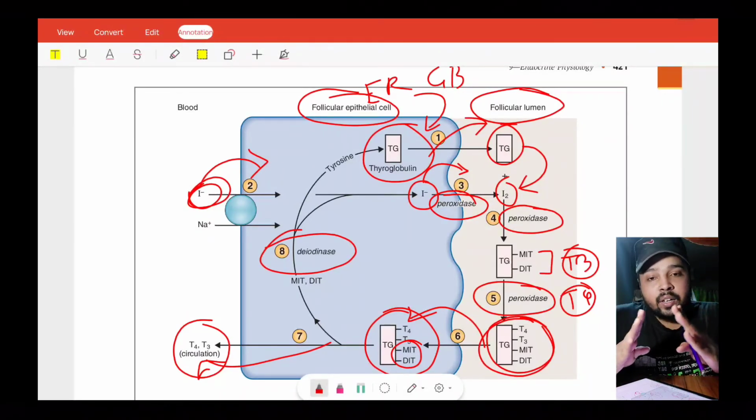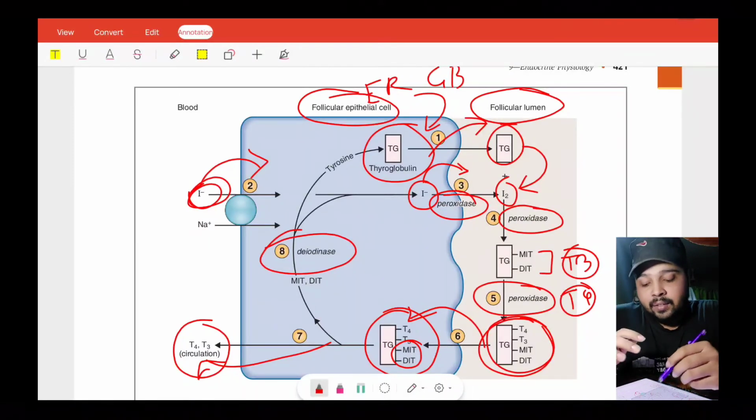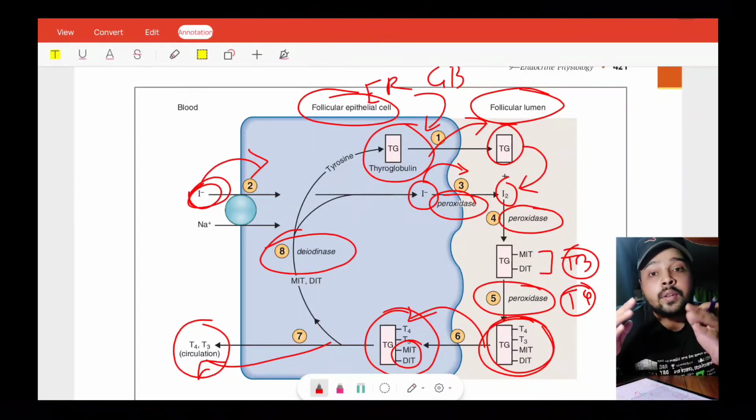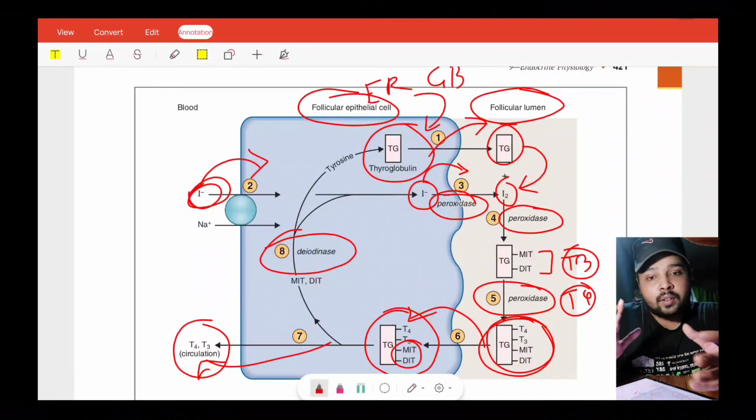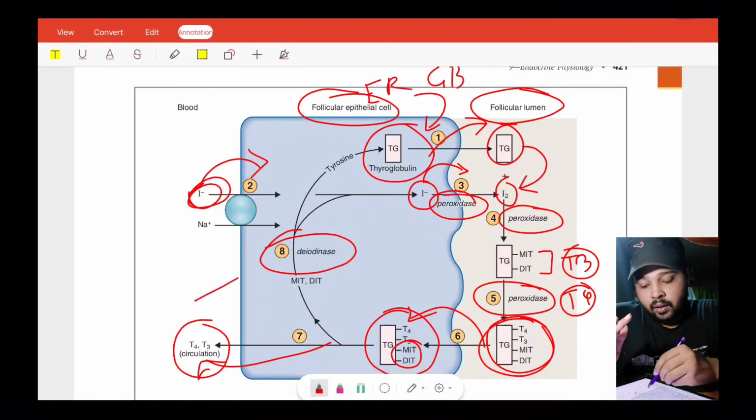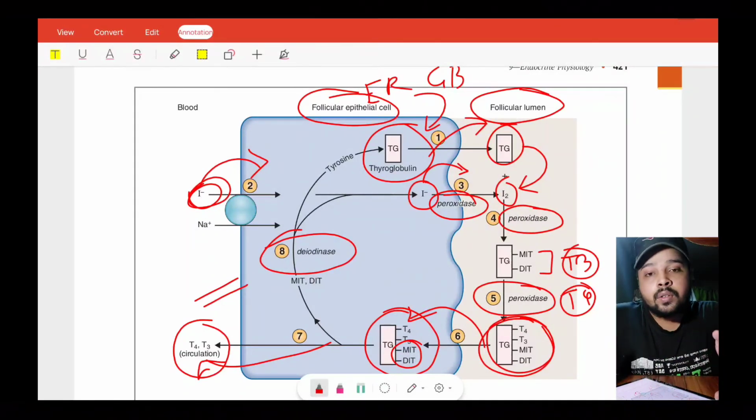So the iodine and the thyroglobulin are separated, and the remaining iodine goes into the intracellular pool, and sometimes to the sodium iodine co-transporter. It helps the sodium iodine co-transporter when there is iodine deficiency in the circulation, when there will be a stimulation. So this is all about the thyroid hormone synthesis.